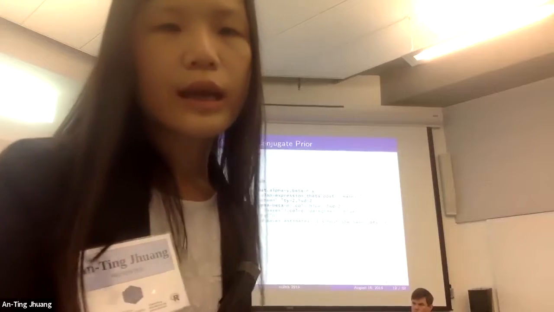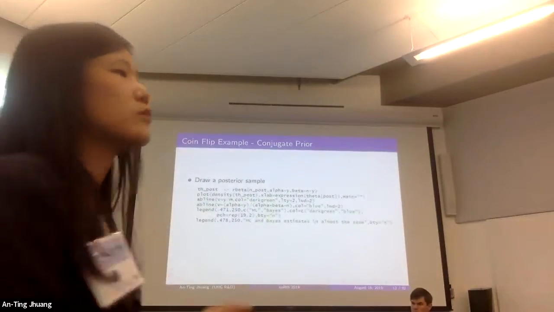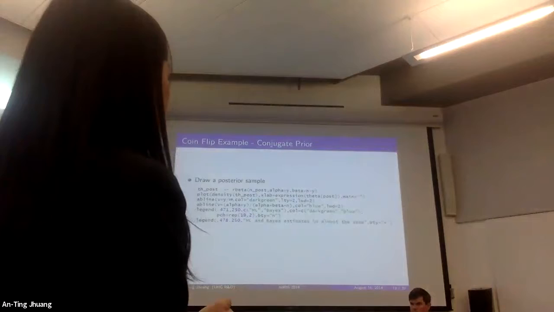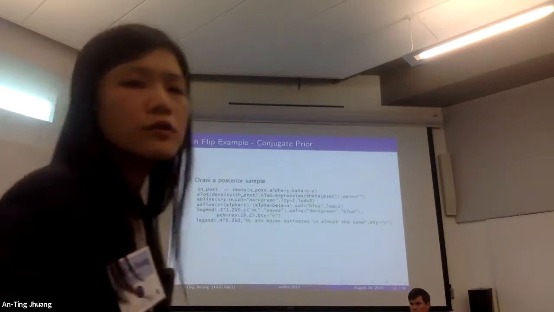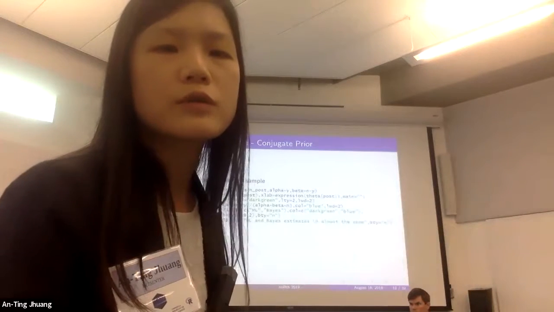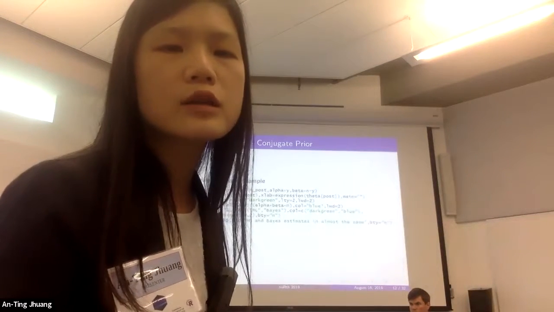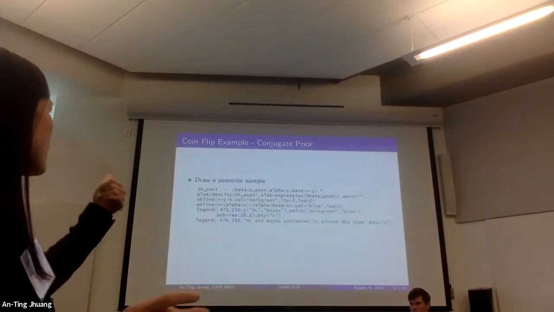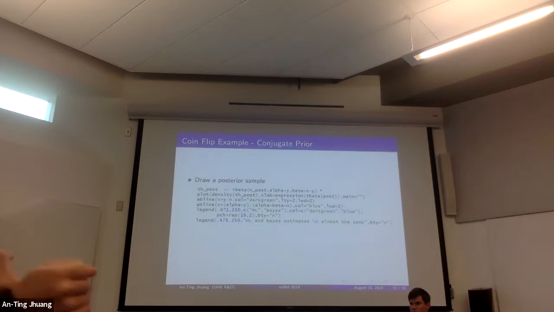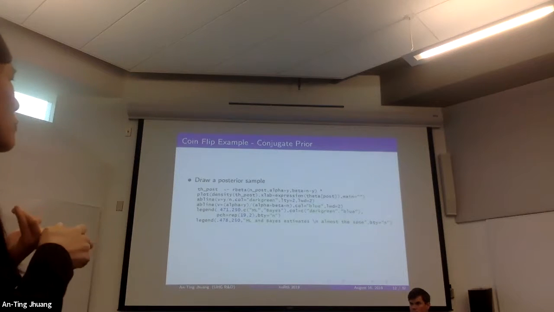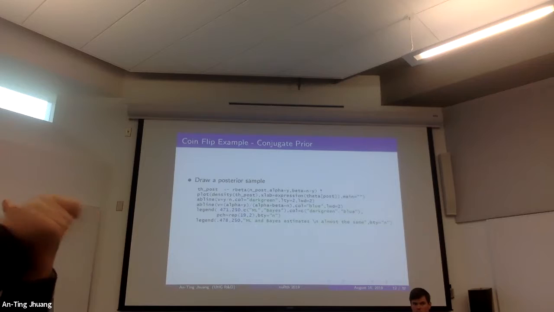Okay. Next, we draw a posterior sample after we specify our prior and likelihood. The theta posterior sample here is where you draw m_post, the sample size of your posterior sample, with the two new shape parameters of your posterior distribution. The following code just plots the posterior sample.